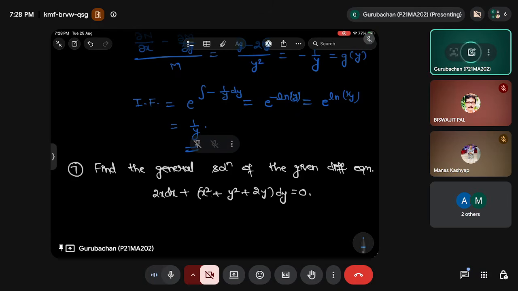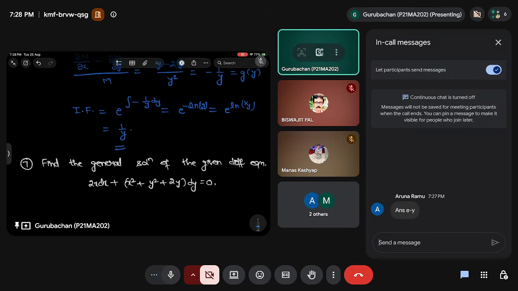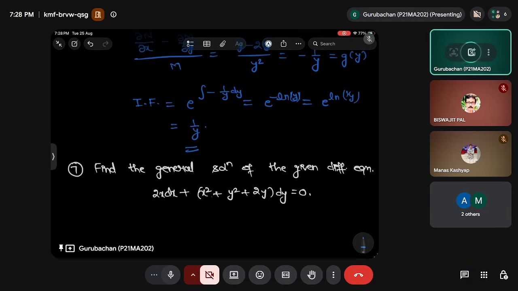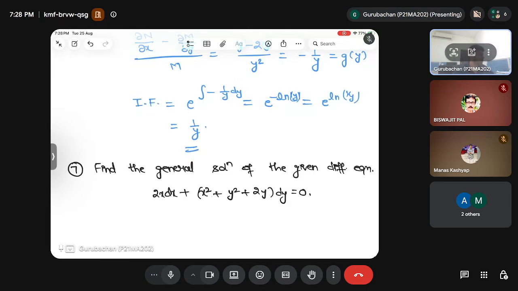Did you get any answer? No, e to the power minus 5 is not the answer. Did I write the equation correctly? 2x dx. Yeah, this is not the answer.